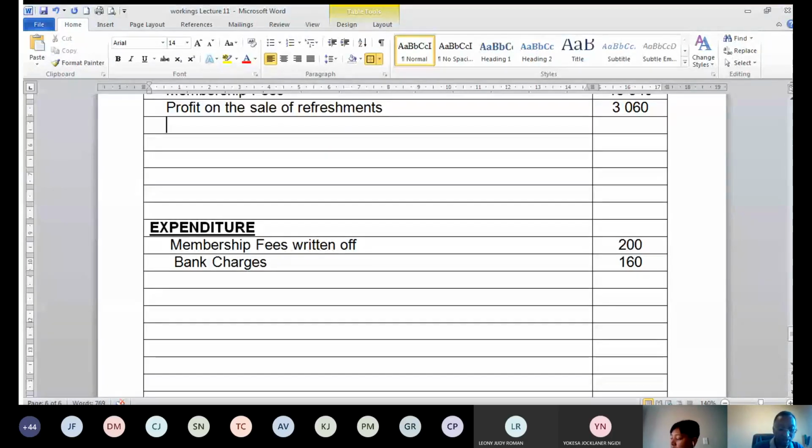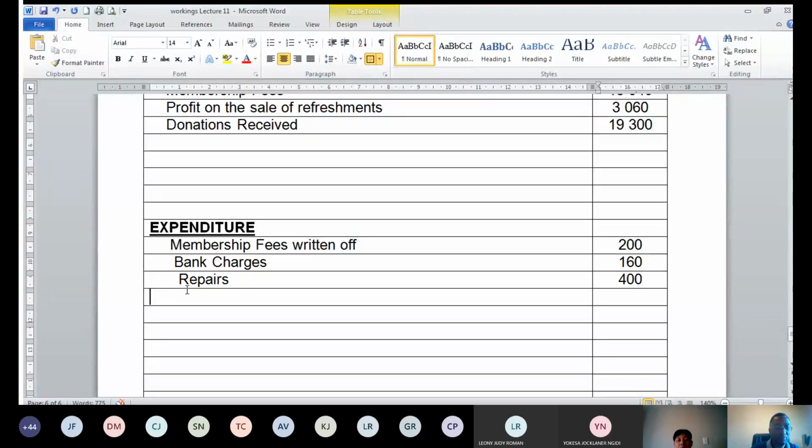Okay, under your income, you will have donations received, and your donations received is 19,300. There was no adjustment there. Next item in my list is repairs. Under your expenses, you will show the amount of repairs. There's no adjustment there for repairs, and the amount for repairs is 400 Rand.